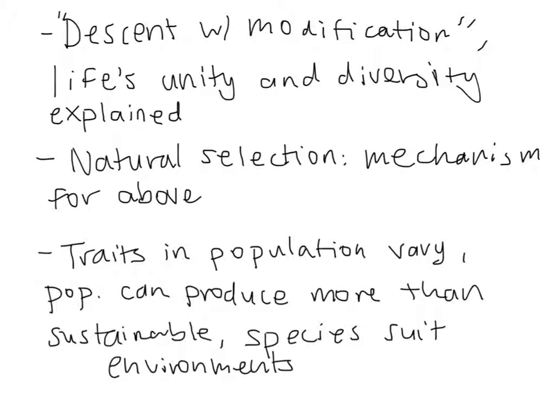Essentially, the succession of ancestors was termed descent with modification, and this was important because it explained the paradox of life's unity and diversity: how species were so different but yet very similar at the same time, because they all evolved from one single ancestral species and then diverged.